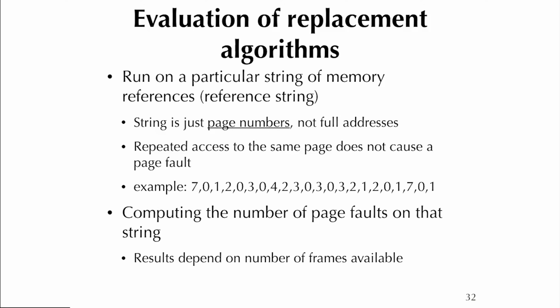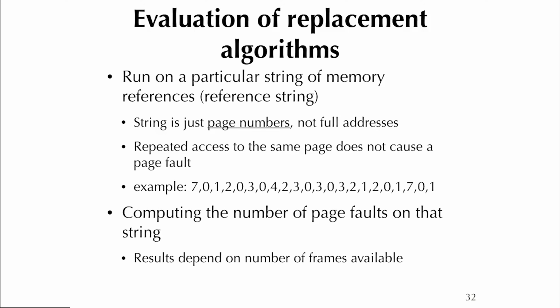That is, you have a sequence of page numbers, okay? And if you access things in the same page, that's the same page number in the sequence. That way, you don't need to repeat. Like if page 7 gets accessed 100 times, you don't have to say 700 times, because once it's in there, you don't cause a page fault, right? It's a repeated one. Then you compute the number of page faults on that string or that sequence of page numbers.